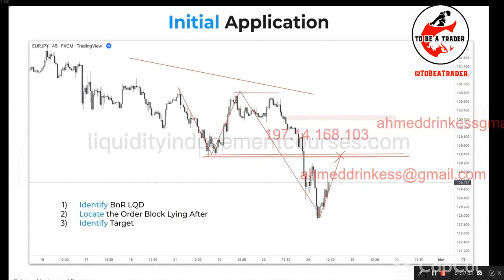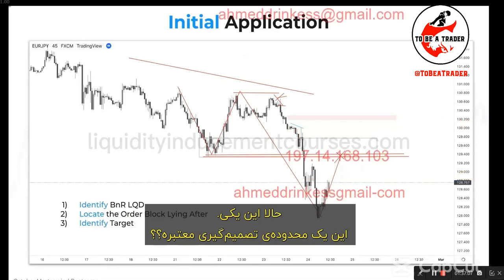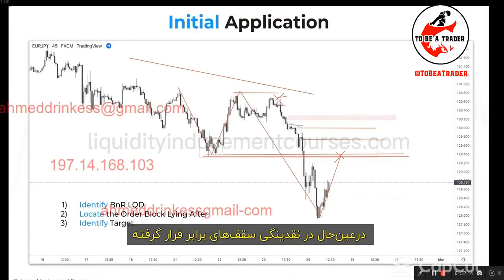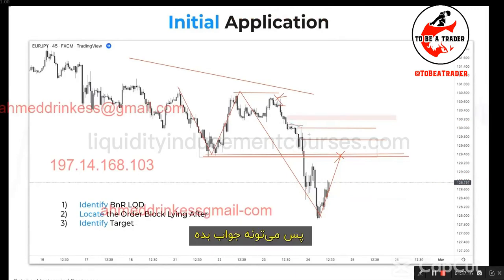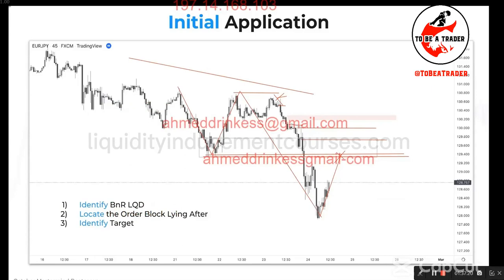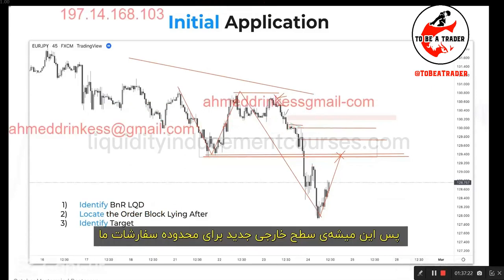Equal highs. Is this a valid order block? No. Is this a valid decisional? This is a valid decisional, but it's also lying at equal high liquidity. So this could work, but because it's lying at liquidity, this becomes our new extreme.